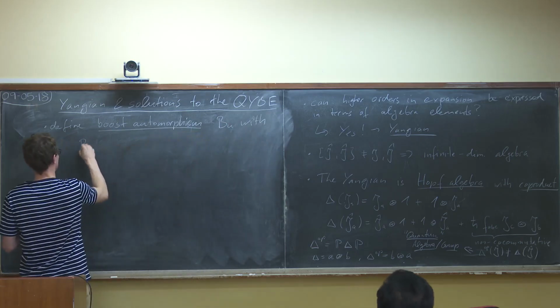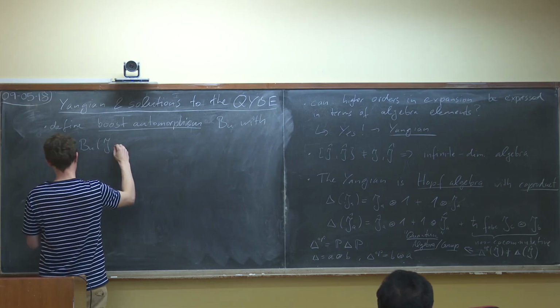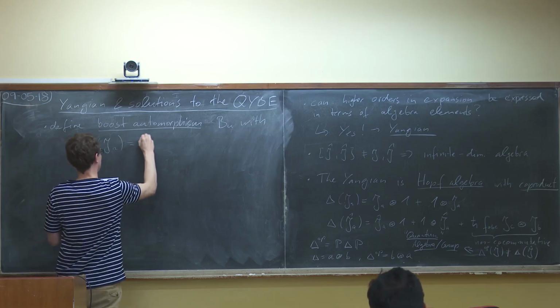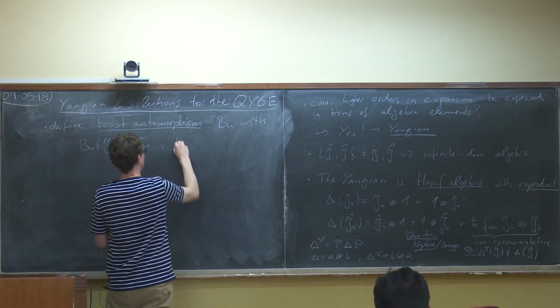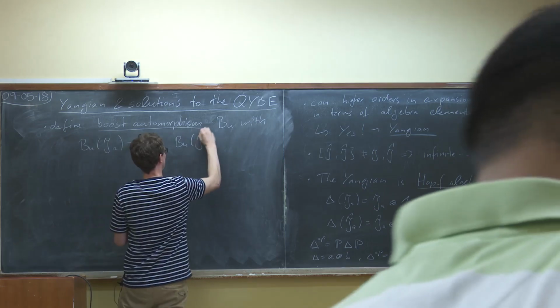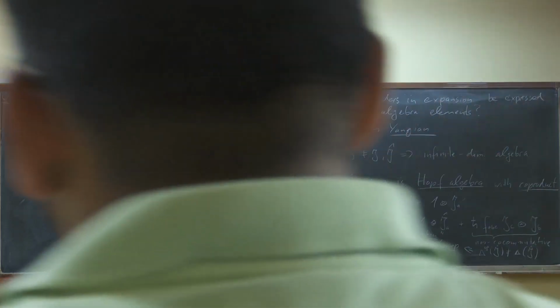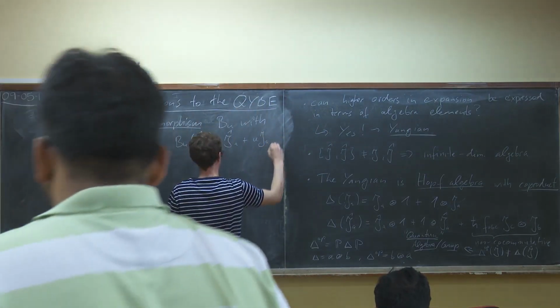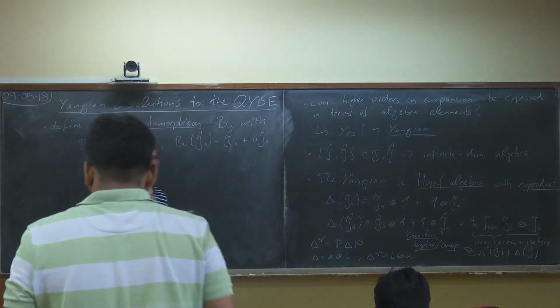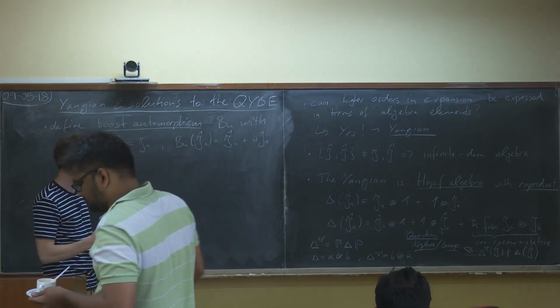It should obey these relations: applied to J^A, it should give J^A, and applied to Ĵ^A, it should give Ĵ^A plus u J^A, for some complex parameter u.